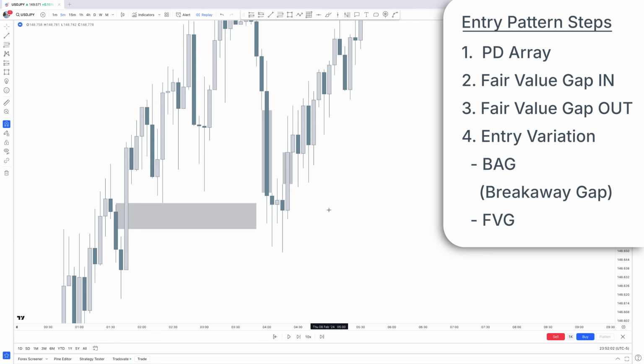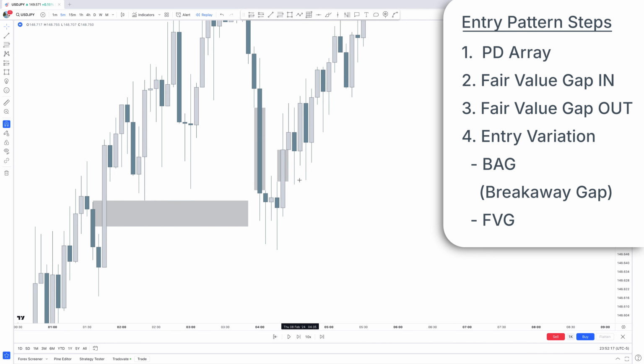This is again where the variation, the entry variation, step 4 comes in. This is where it's completely mechanical again, but you do need to be aware of what you are doing. Which rule are you applying? The question for step number 4 is the fair value gap out in the third step a breakaway gap or an FVG?